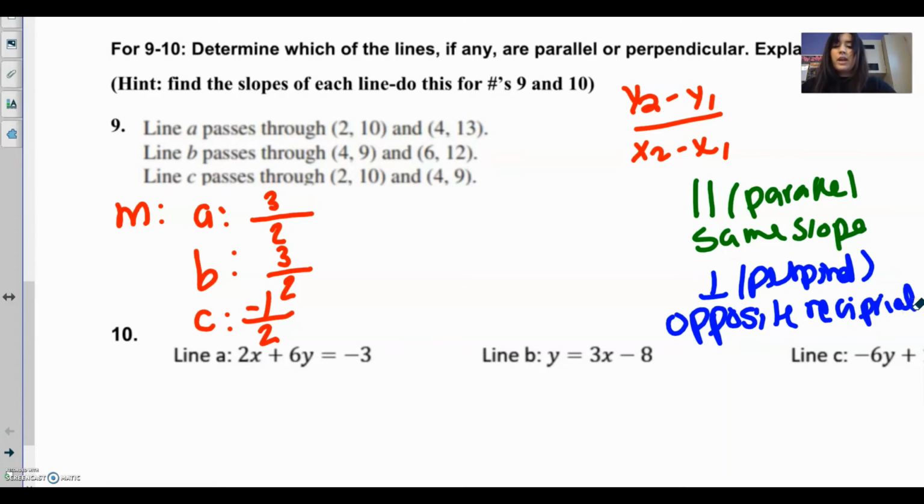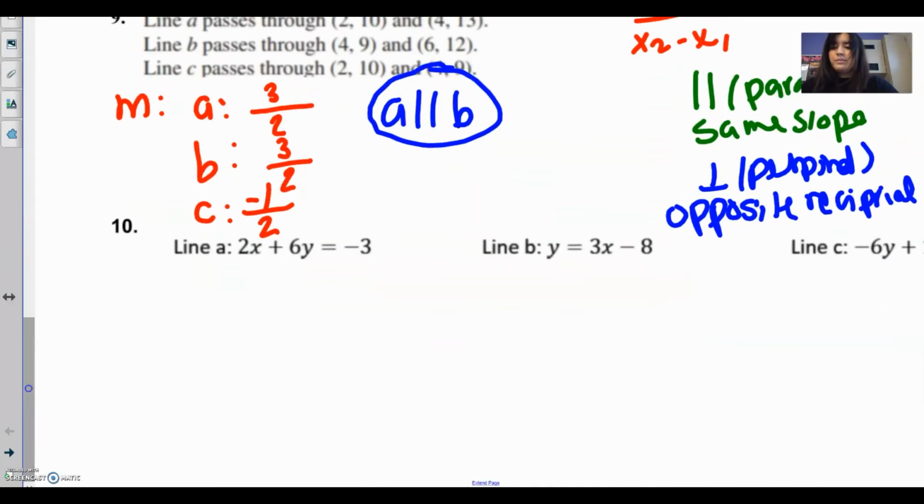So looking at slope A, B, and C, I can tell you right now that A and B are parallel lines. And now if I look at C, C is not opposite reciprocal because it's 1 and 2, not 2 over 3. So all that we know for 9 is that they are parallel lines, A and B.